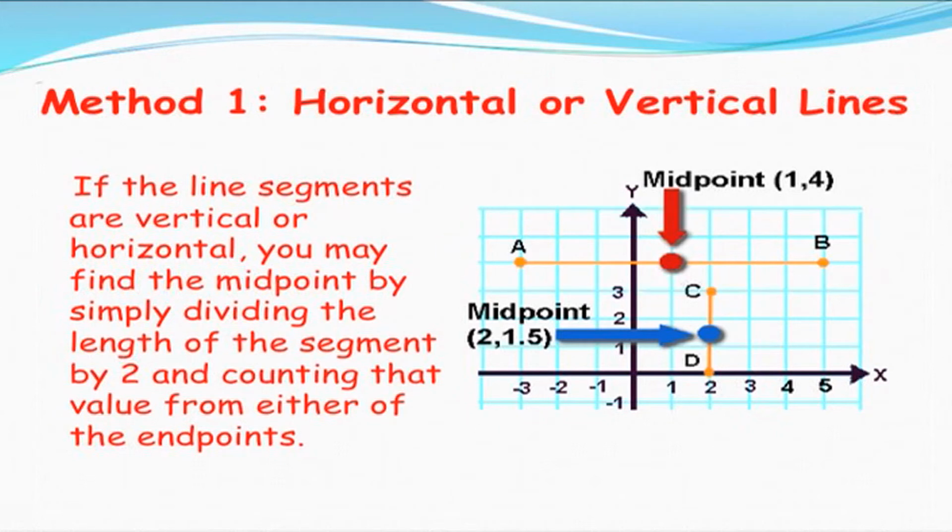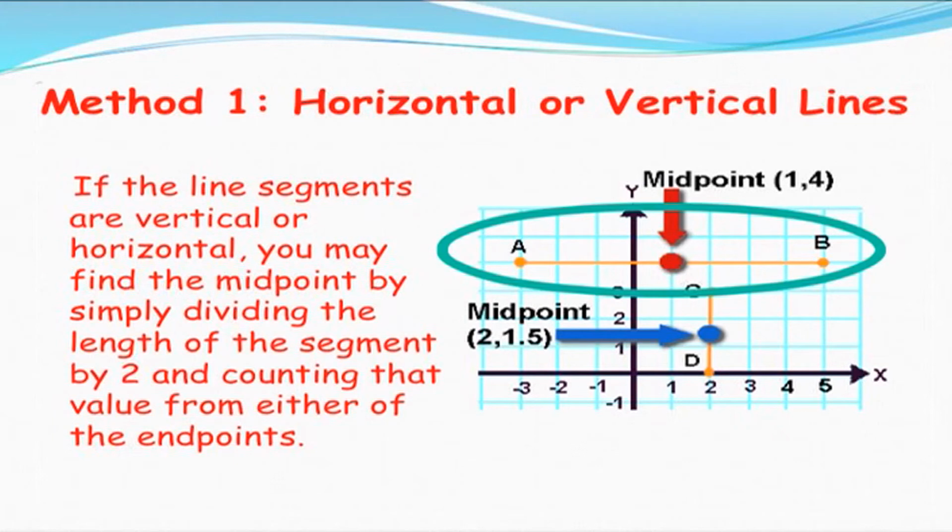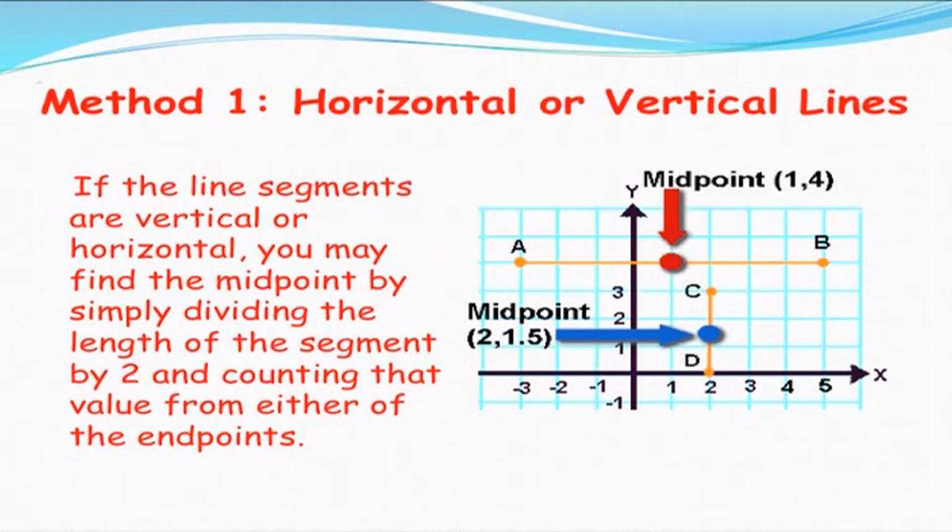And the midpoint we find as 1, 4. For another line segment CD, the point lying in the middle of C and D is at 1.5. So, the coordinates of the point will be 2, 1.5.